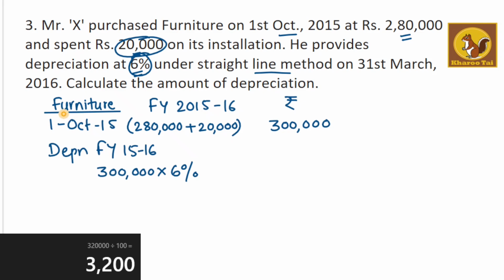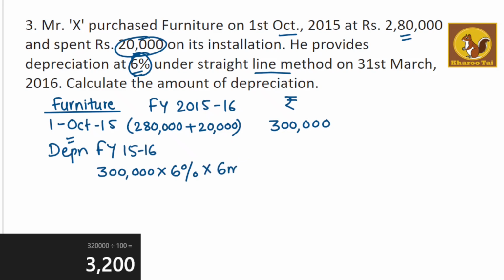So is this the final calculation? No, because we have purchased the asset in between the year and not on the first day of the year. We have not used the asset for the whole year, so we will calculate depreciation for the period when the asset was used. The asset was used from 1st October till 31st March. That is October, November, December, Jan, Feb, March, that is 6 months.